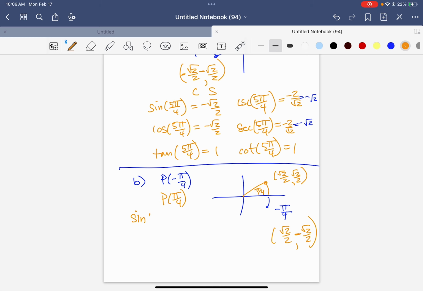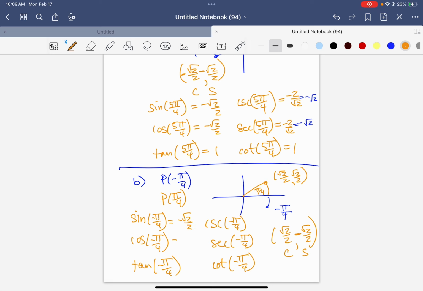So I'm going to do sine of negative pi over 4, cosine of negative pi over 4, and the tangent. And then I'm going to do my cotangent, my secant, and my cosecant. In this case, my xy pair is my cosine, sine. My sine is negative root 2 over 2. My cosine is root 2 over 2.